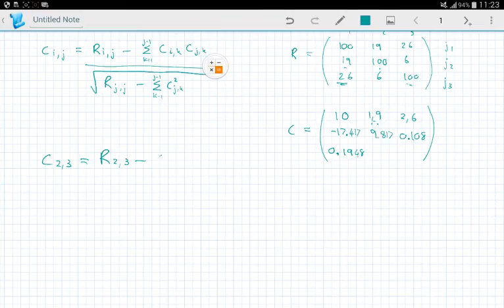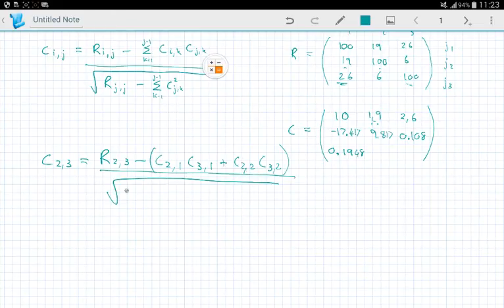You're going to have C2,1 times C3,1 plus C2,2 times C3,2, over our R33 minus C3,1 squared plus C3,2 squared.